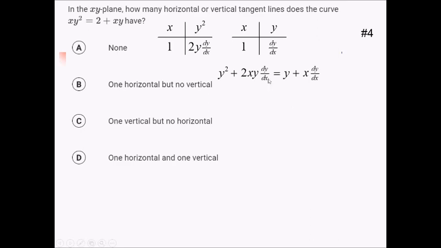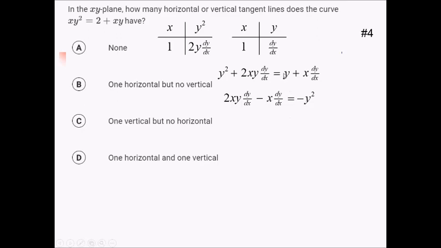Now we have to isolate dy over dx. So let me get all the dy over dx's on the left side and everything else on the right side. So this 2xy dy over dx, that can stay where it is. We're going to have to subtract the x dy over dx to get it over to the left side. And everything else is moving over to the right side. So we have y squared, which we're going to subtract to get it over there.